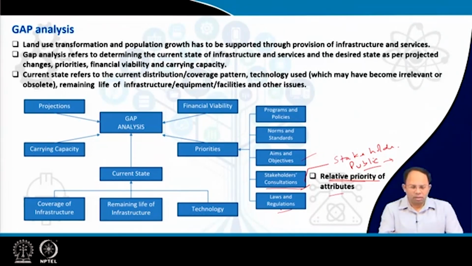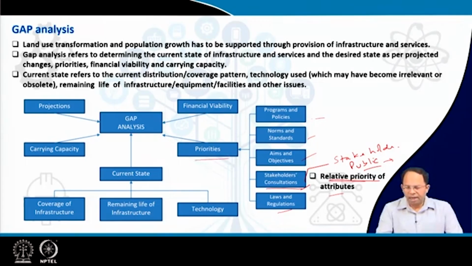Then, based on these norms and standards, that is, what are the ways services should be provided, general guidelines and all this, and the government policies and programs being implemented for that particular time period or by that particular government, all this is considered in determining overall priorities of service provision for a particular urban area.